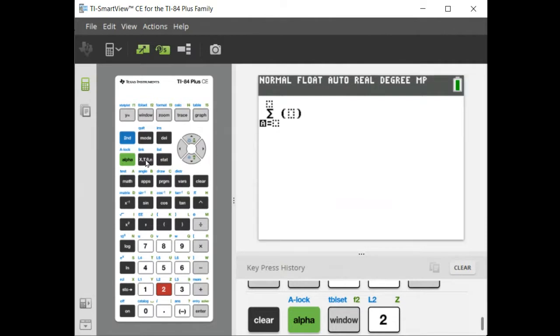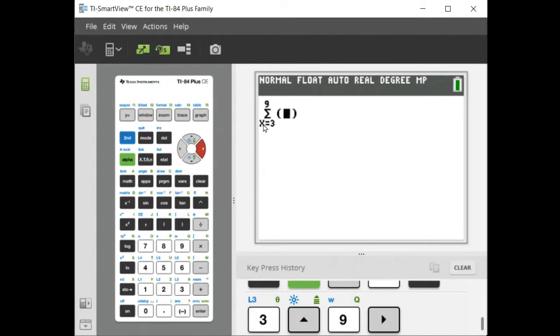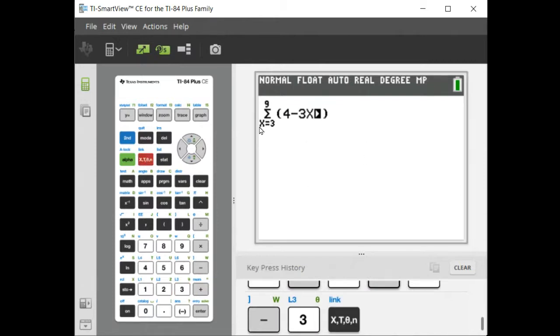For simplicity, I just use X because then I don't have to play with alpha. And here it starts at 3 and goes until 9. Whatever index you use, you have to use the same index in here. So 4 minus 3x. If you use k, this needs to be k. If this is i, you need to use i. And press enter. So negative 98.